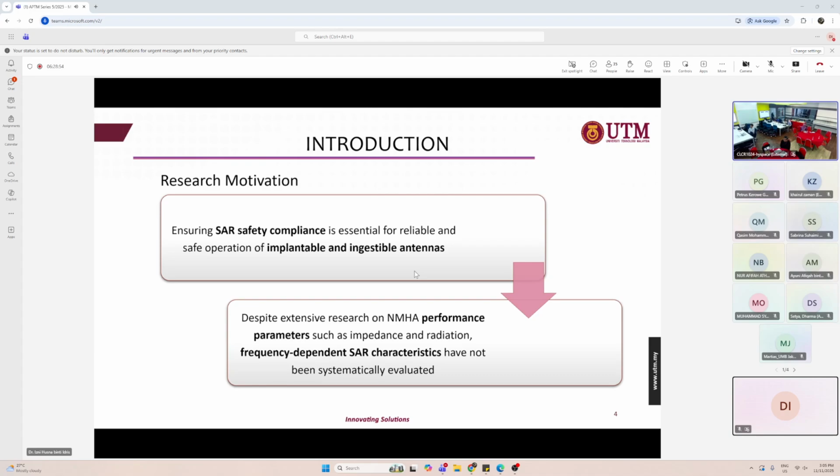Second, despite extensive research on antenna performance in the body, such as impedance, radiation patterns, and gains, the frequency dependent SAR characteristics have not been systematically evaluated.